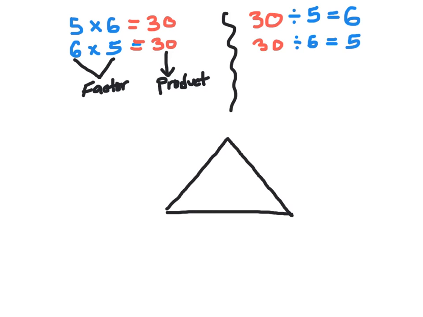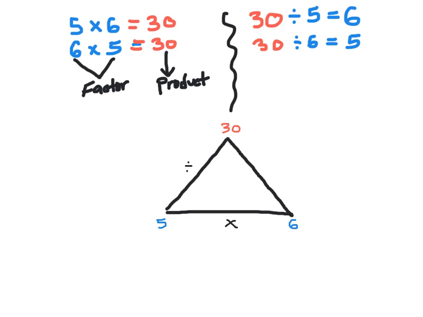So let's show how these fact families are related using this triangle. I'm going to place the product of 30 on the very top, and the two factors that make 30 are 5 and 6. I know if I say 5 times 6, I get 30. Or I could say 30 divided by 5 is equal to 6.